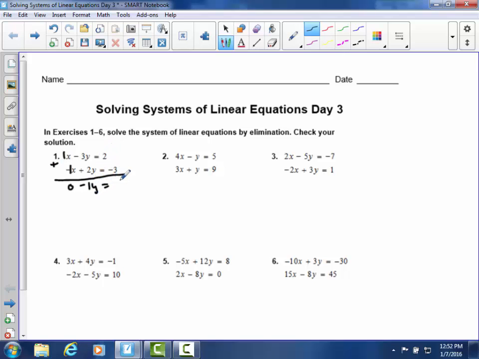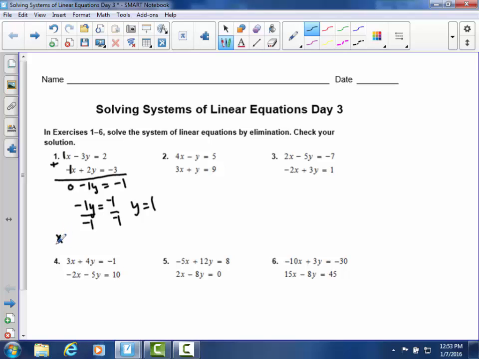2 plus -3 is -1. So I have -1y equals -1. So I divide both sides by -1, and I know that y equals 1. Halfway there, I have to know what x equals. So I choose one of my two original equations to substitute into. I'm just going to pick the top one because it's easy.